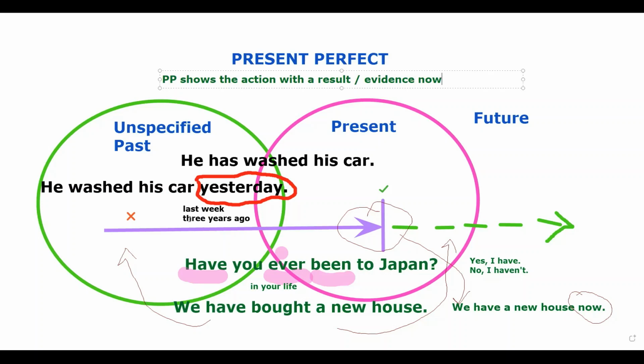So the action happened in an unspecified past with a result or evidence now. This is your present perfect tense. All right.